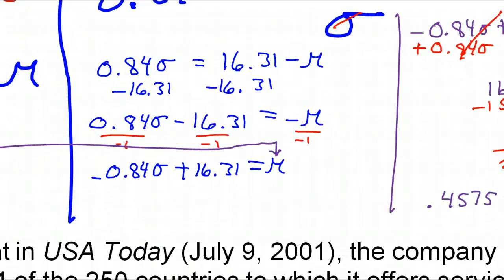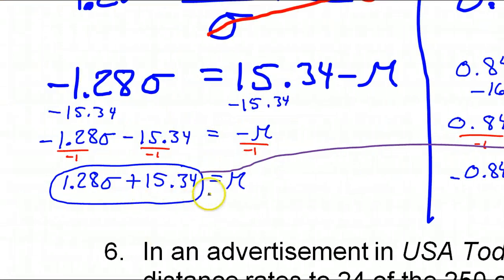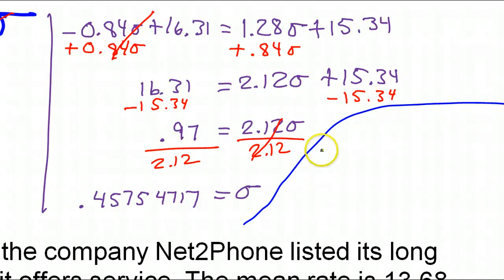We have two different equations that we could use for the mean. I'm going to use this one just because it's all positive numbers. So my mean should equal 1.28 times the standard deviation plus 15.34.